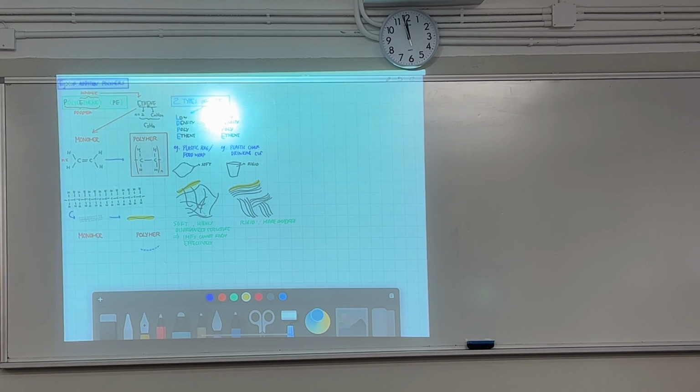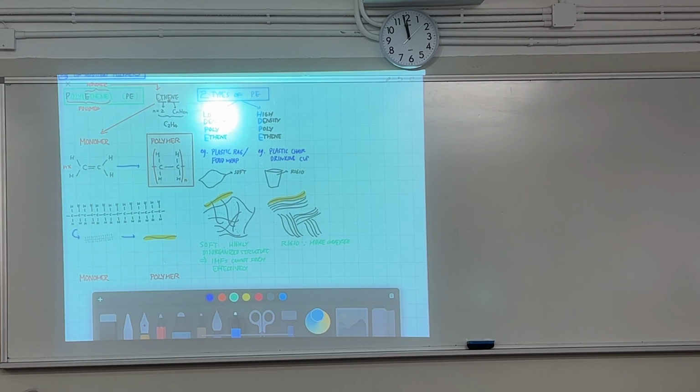Pretty surprising. Now we will turn our attention to another plastic, which is known as polypropylene. So polypropylene, from the name, can you predict from which monomer polypropylene is made? It's made from the alkene monomer called propene.